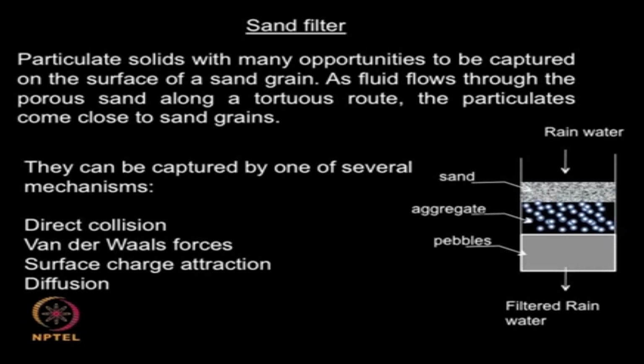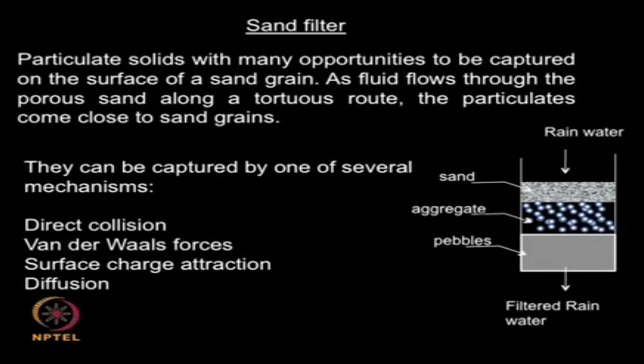In the depth filter you have layers of particles of sand here, big aggregates here, pebbles here. So as the rainwater flows through, the solids are captured at different places and the filtered rainwater flows through. So you see this is useful only if you are not interested in collecting the solids, whereas you are more interested in the liquid, number 1.